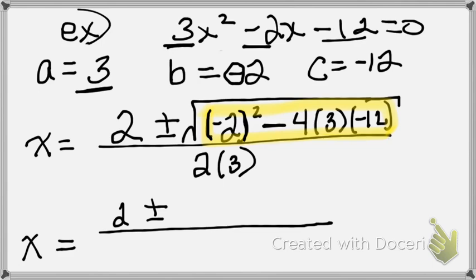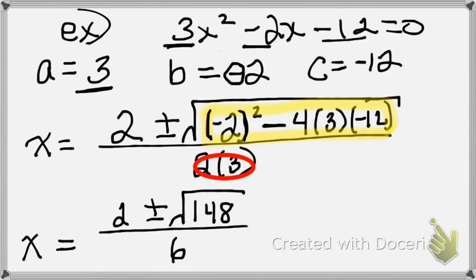Parentheses, negative 2 squared minus 4, parentheses 3, close parentheses, open parentheses, negative 12, close parentheses. That will give me 148. Now, I'm going to go ahead and just do my denominator because I can do that in my head. What's 2 times 3? That's 6. Okay? So far, so good.